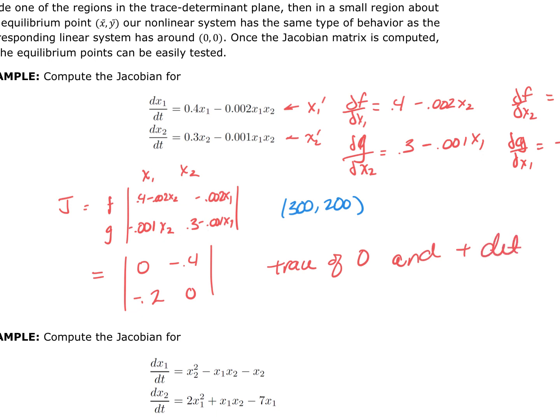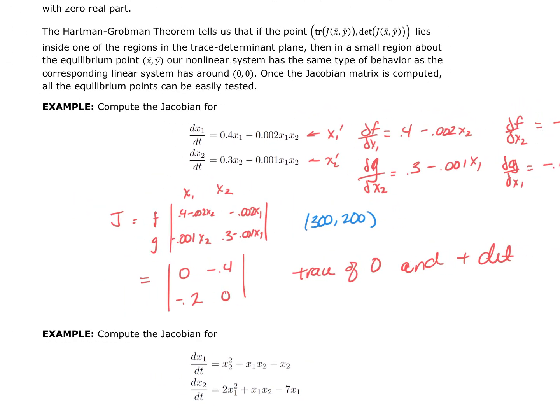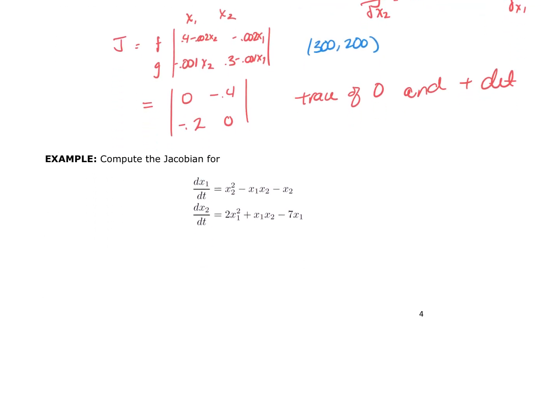And then I can just go look at, if you remember from yesterday's video, my trace-determinant plane, and I can tell you everything you need to know with a trace of 0 and a determinant that is positive. And I'm going to let you do the Jacobian for this one, and that's it for this video. Nice short one.